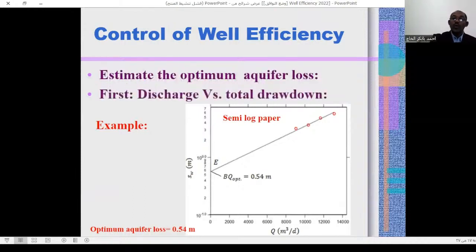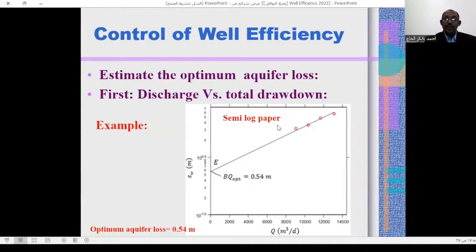How to estimate the optimum aquifer loss? First method: plotting the data of discharge against total drawdown, with drawdown vertical on the semi-log, and the Q data plotted horizontal on millimetric paper.